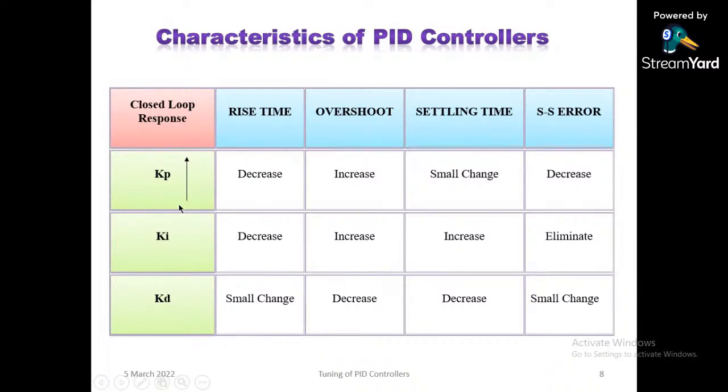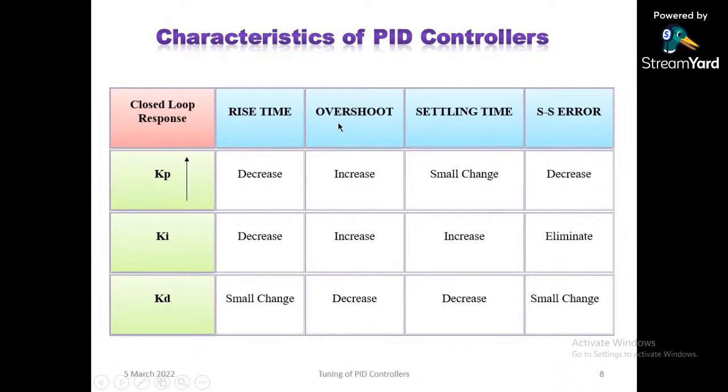You can see when I increase the value of KP, it is the proportional controller. If I increase the value of proportional gain, my rise time will get decreased, but it will adversely affect the overshoot.